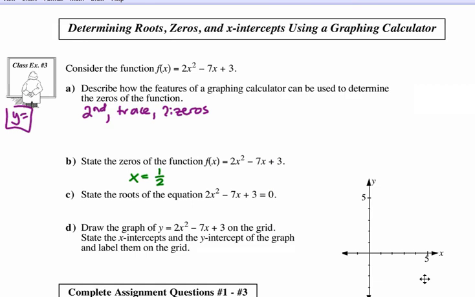X equals 3. So what would be the roots of the equation? 1/2 and 3. X equals a half, x equals 3.